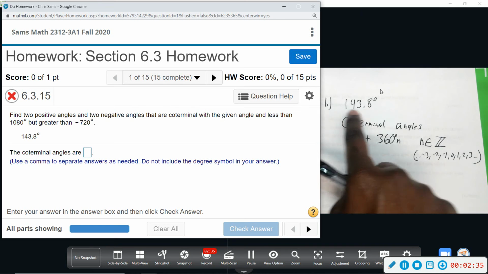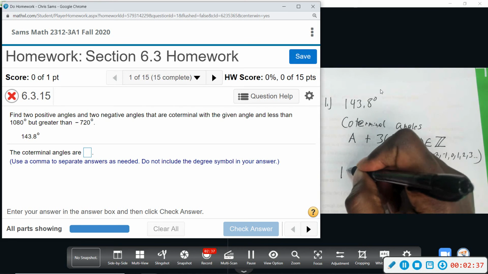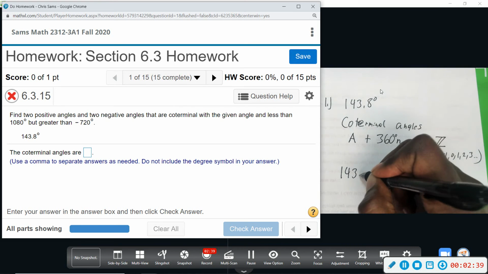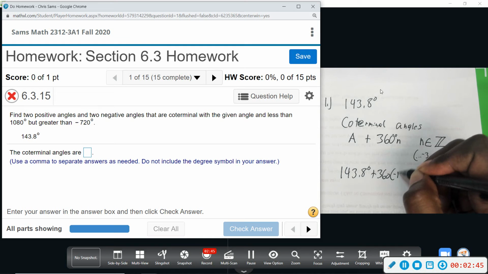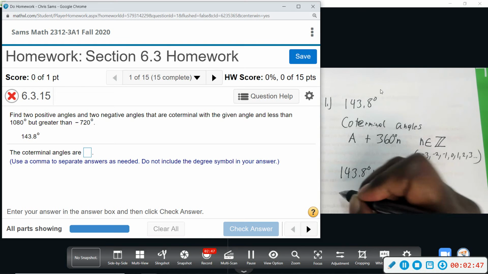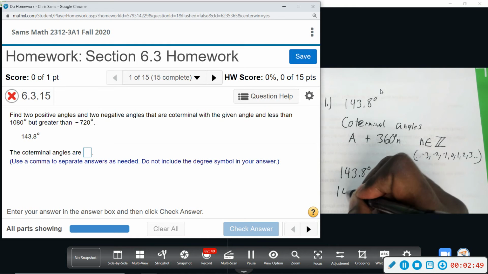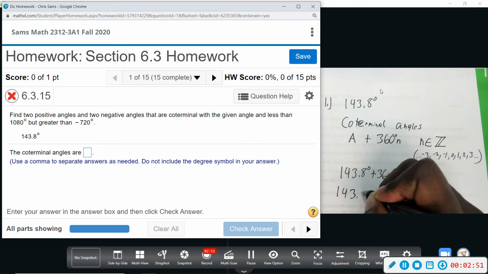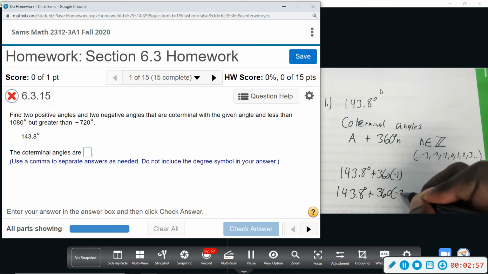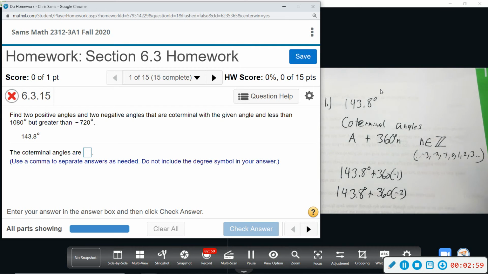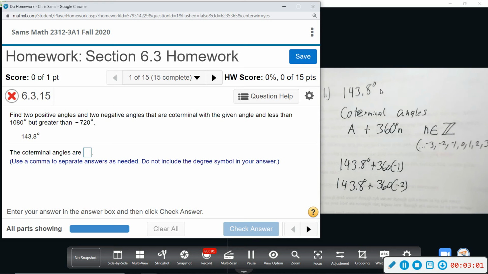My angle being 143.8, I can do 143.8 plus 360 times -1. I want to go backwards, and do 143.8 plus 360 times -2. And I'm going to do the same thing with +1 and +2.